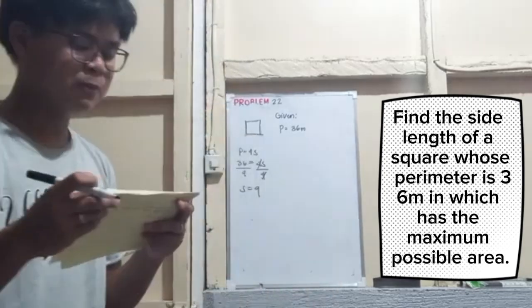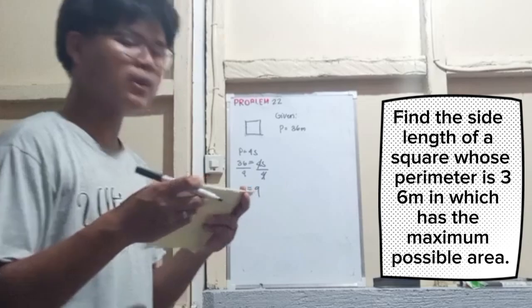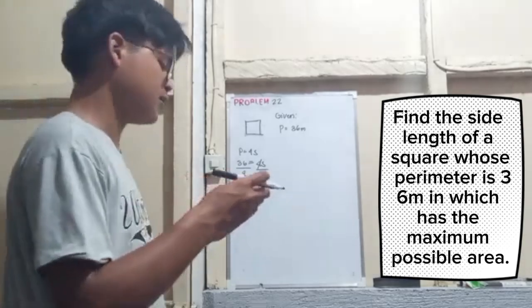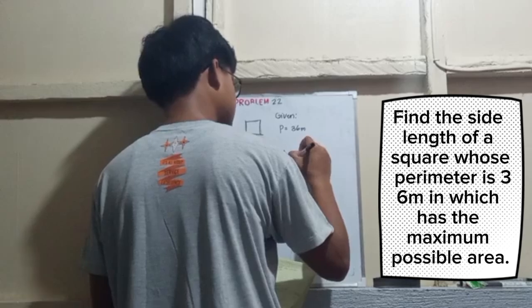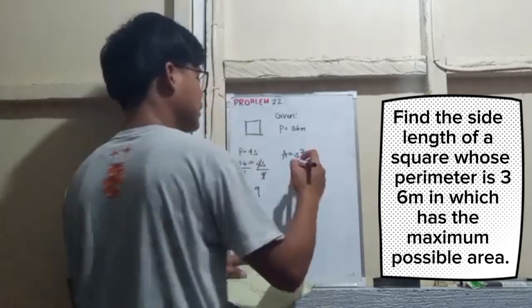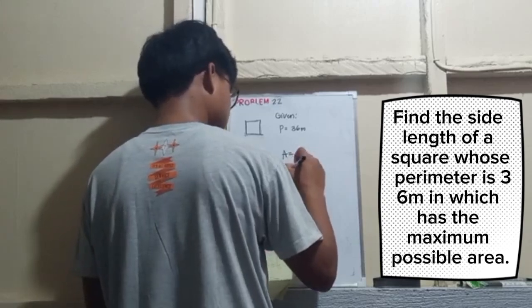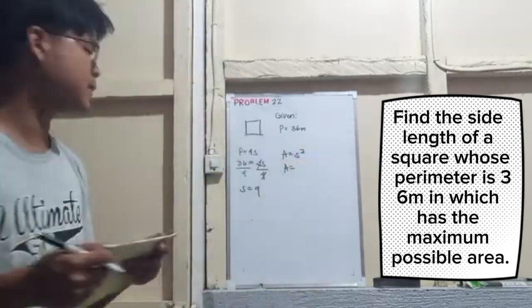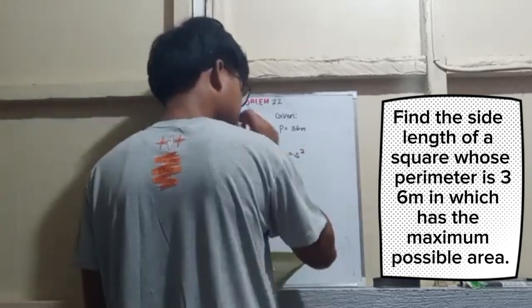So now we'll proceed to the area. So we all know, in getting the area of the square, we only square the side. So we now have the area as s squared. So we'll substitute the value of s that we solved.